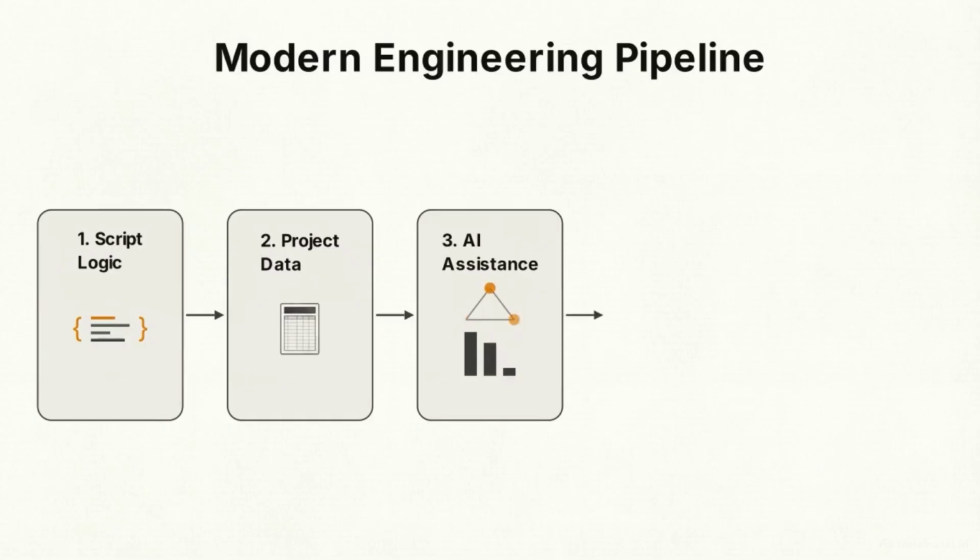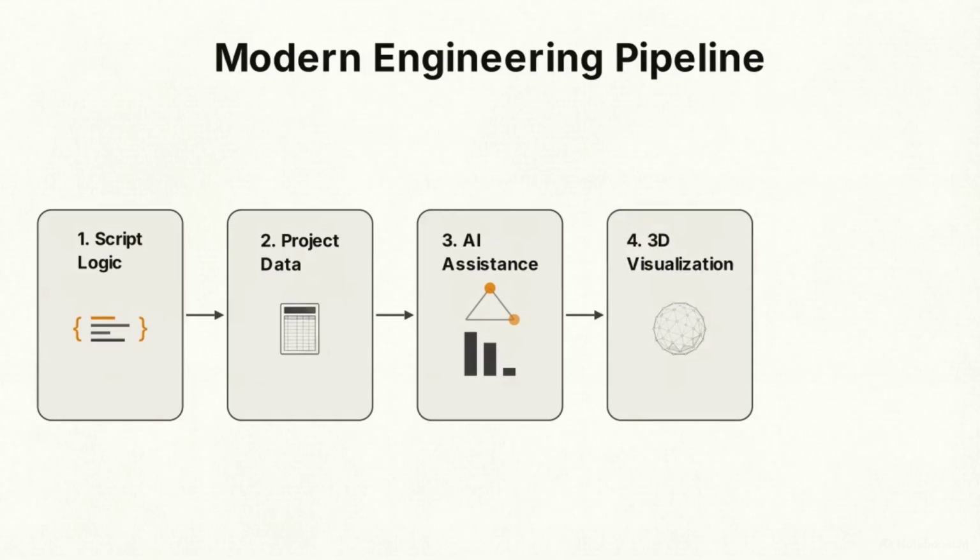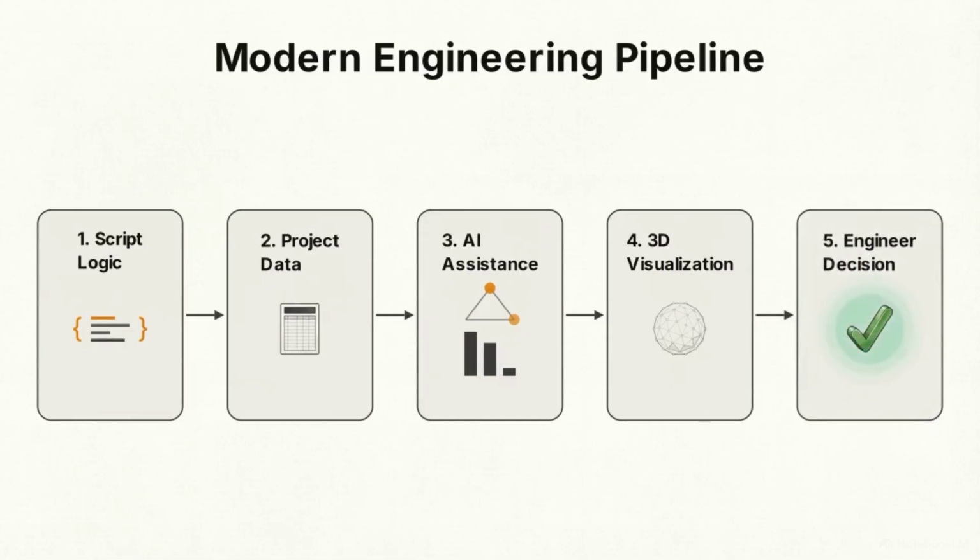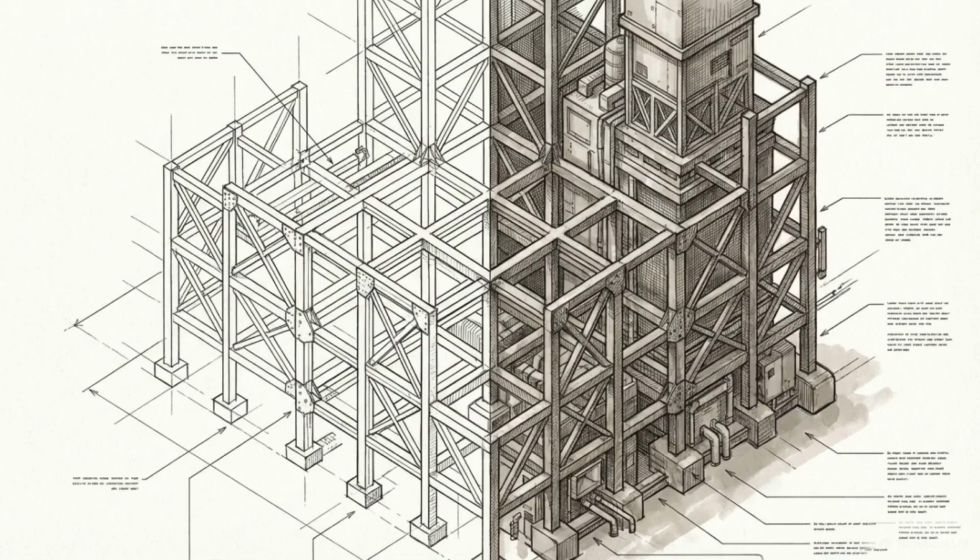Fourth, the 3D software acts as the visualization engine, rendering outputs spatially. Finally, an engineer reviews the visual data, applying their judgment to validate the safety and design practicality. This powerful pipeline seamlessly integrates the rapid speed of automated iteration with the critical oversight of an experienced engineer.